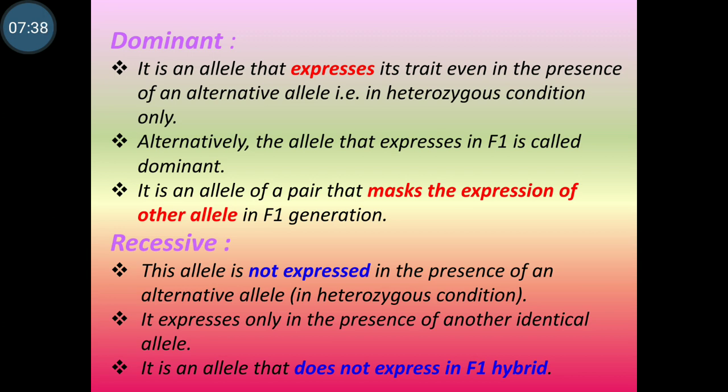Recessive allele, this allele is not expressed but it is suppressed. It expresses only in the presence of another identical allele. It is an allele that does not express in F1 hybrid or in F1 generation but may express in F2 generation.